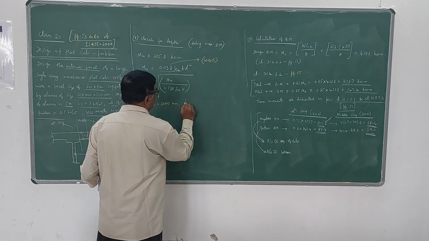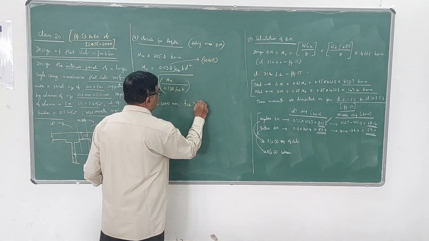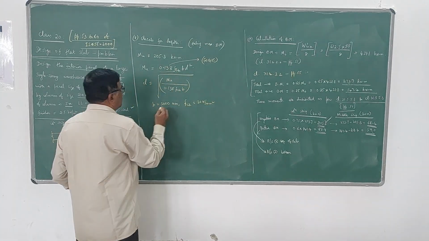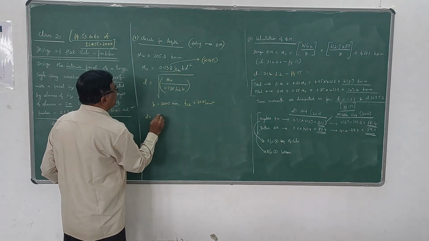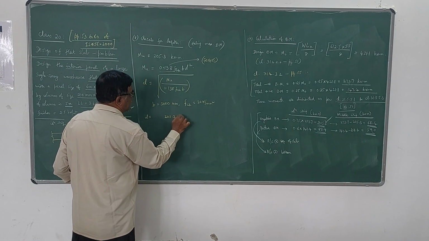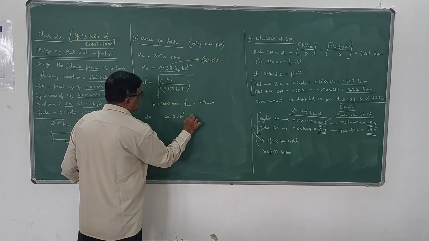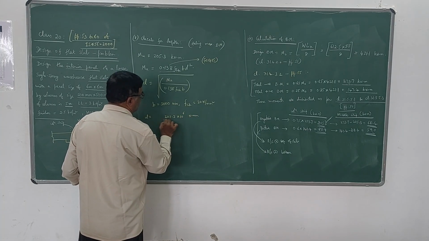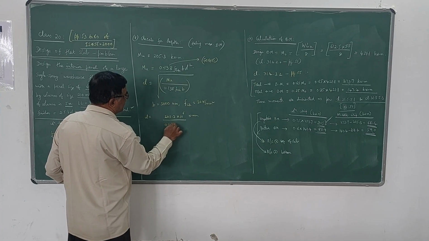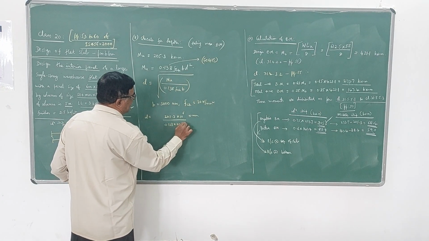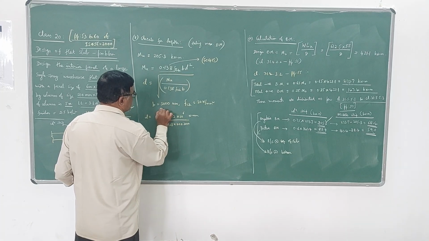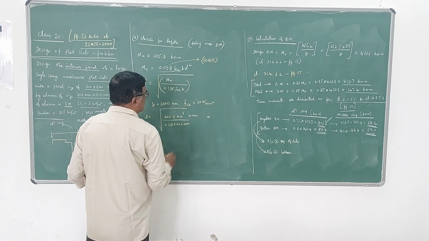Mu is 205.3 into 10 power 6, since we put it in Newton millimeter, divided by 0.138 into 20 into 3000, and take the square root.